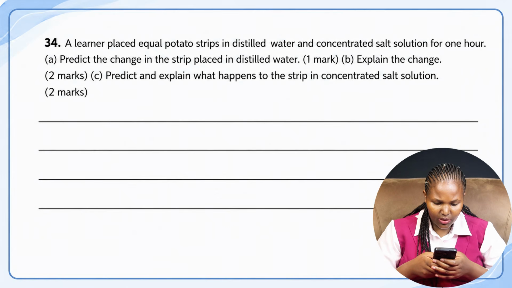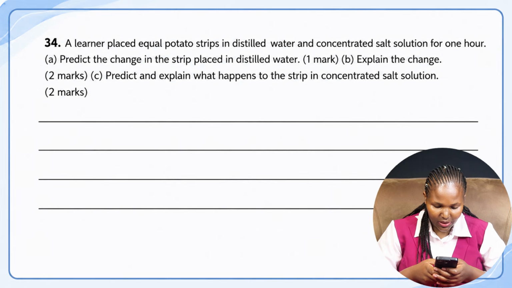So question 34. A learner placed potato strips in distilled water and concentrated salt solution for 1 hour. Predict the change in strip placed in distilled water. That is 1 mark. And then B, explain the change. And then C, predict and explain what happens to the strip in concentrated salt solution.